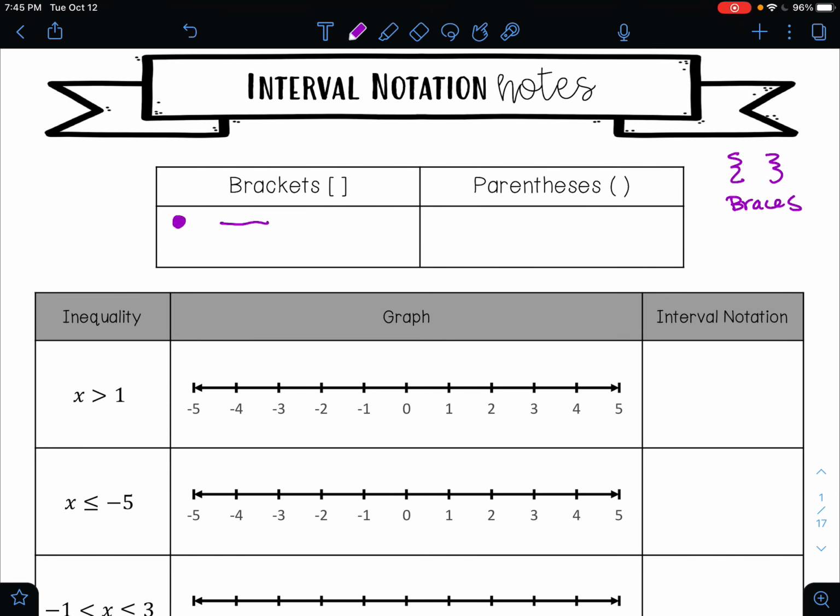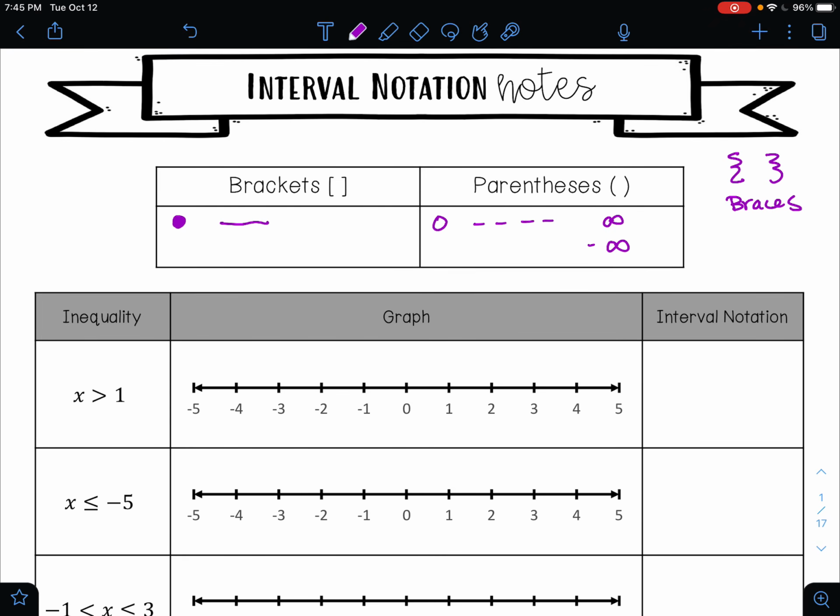You'll use parentheses when you have open circles, dashed lines, or positive infinity or negative infinity. This will make more sense in a minute as we go through a lot of examples.